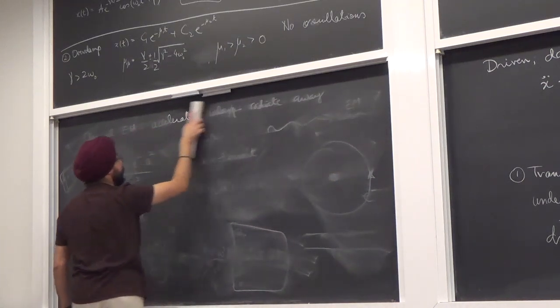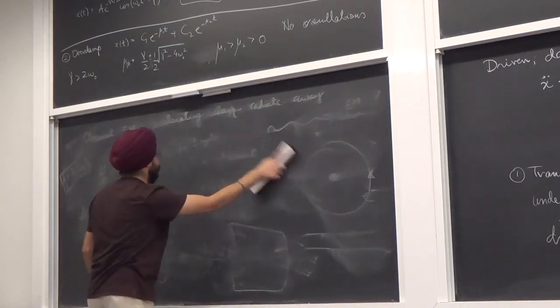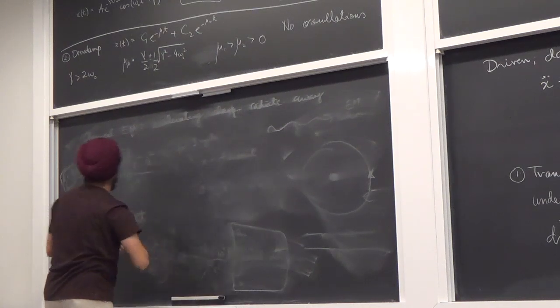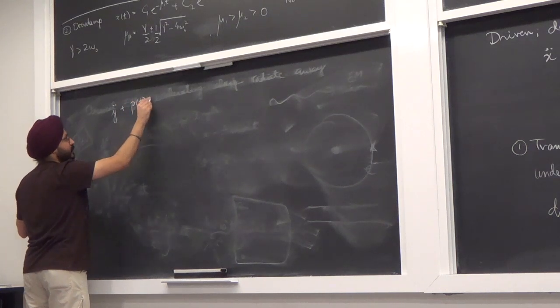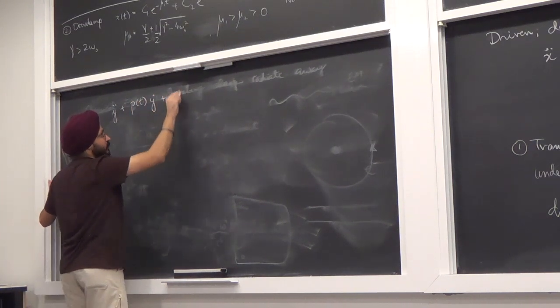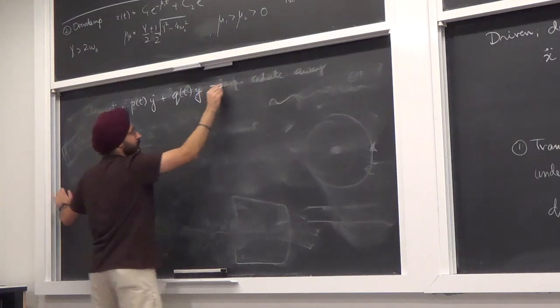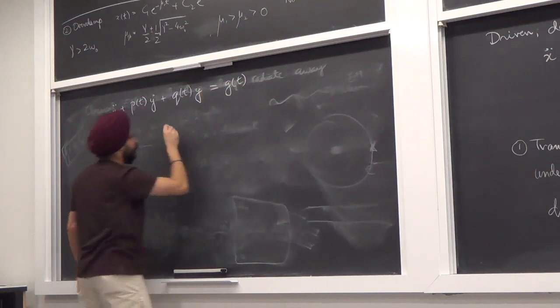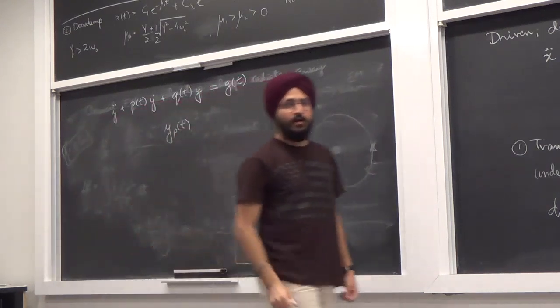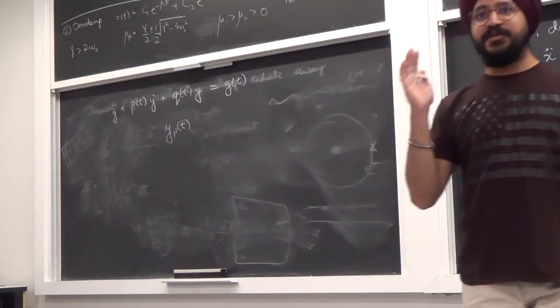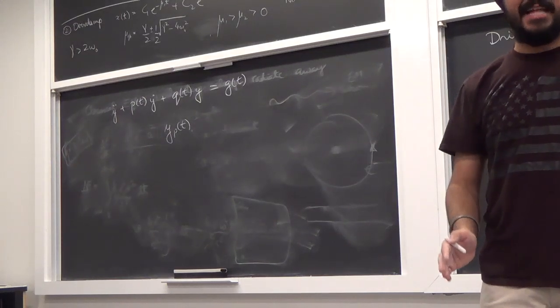Okay, so how do you find the particular solution? My equation, y double dot plus p of t, y dot plus q of t, y equals g of t. And I'm looking to find yp of t. What do you do? You guess.